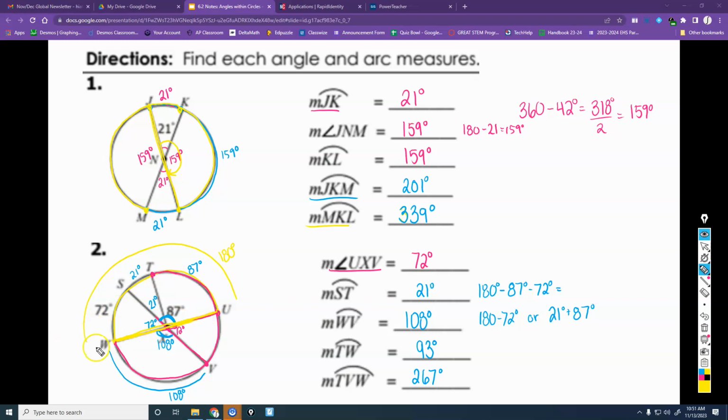So, that means, since that is a diameter, this has to be 180 degrees right here, all right? So, because we already knew this was 72 and this was 87, those three right there add up to be 180. So, we could do 180 minus the 72 minus the 87. And that gave us that little piece right there. Okay. All right. Questions?